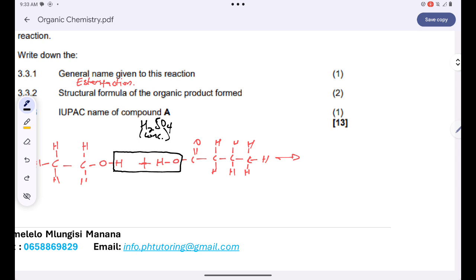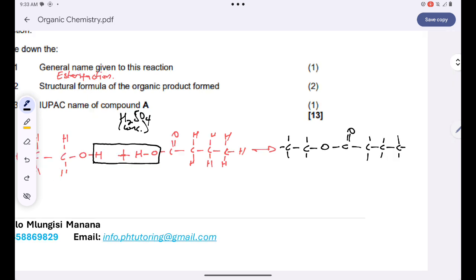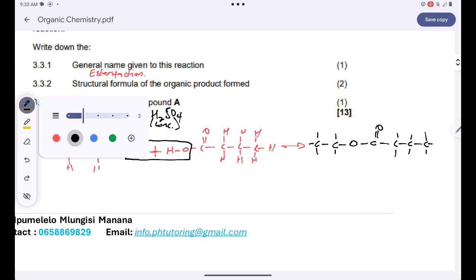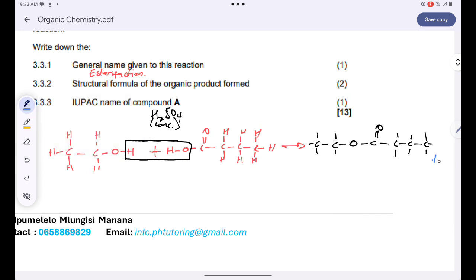So our product will simply have an O there, this would be our organic product, and then plus the H2O.